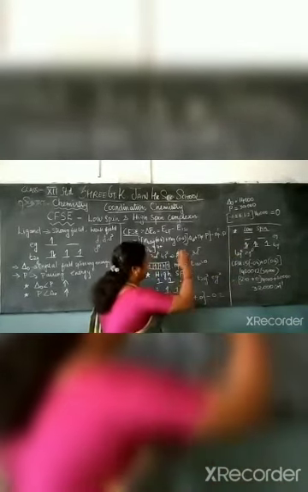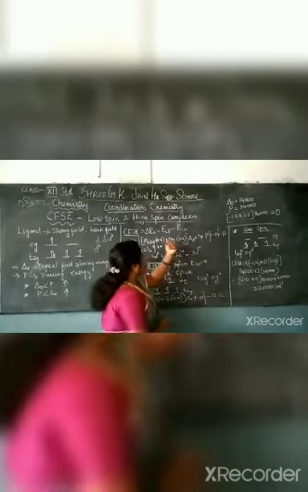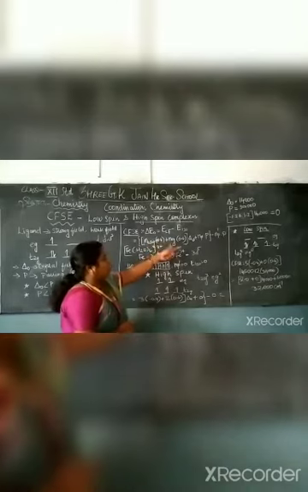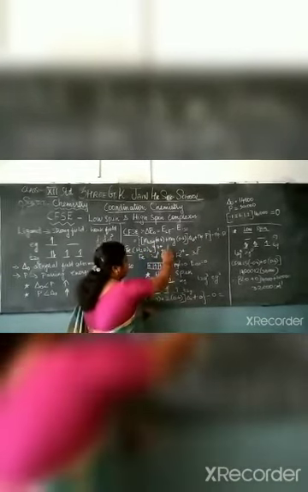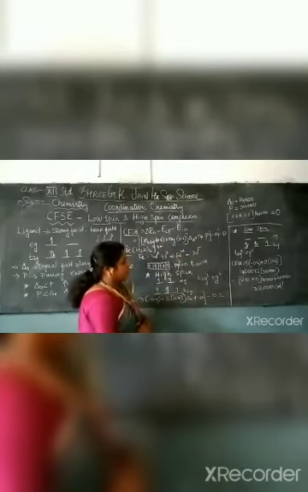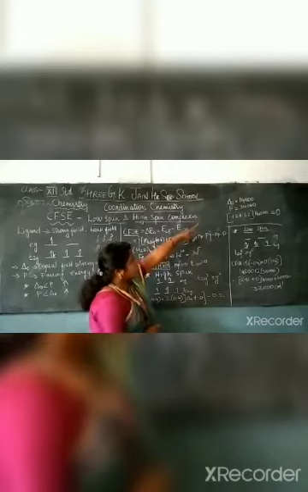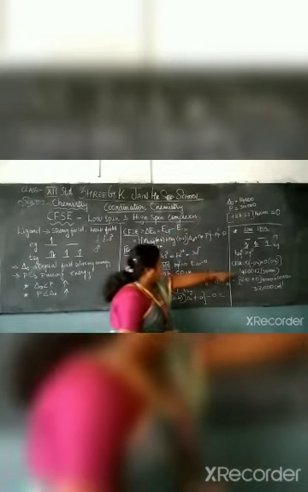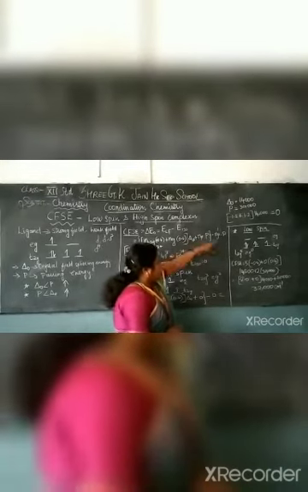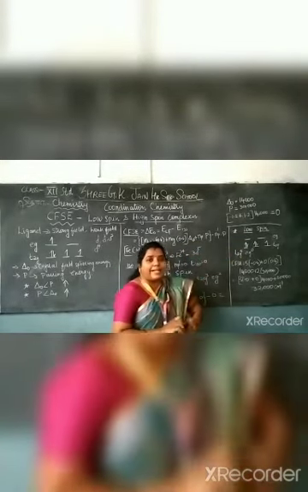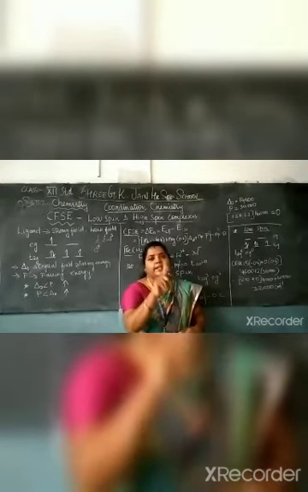Then substituting in the formula: the number of t2g electrons is 5, so 5 into minus 0.4, plus the number of electrons in eg, which is 0, so 0 into 0.6, times delta naught, which is given as 14,000, plus the number of paired electrons. 1, 2. Don't write it as 4, let it be 2, because a pair contains 2 electrons.